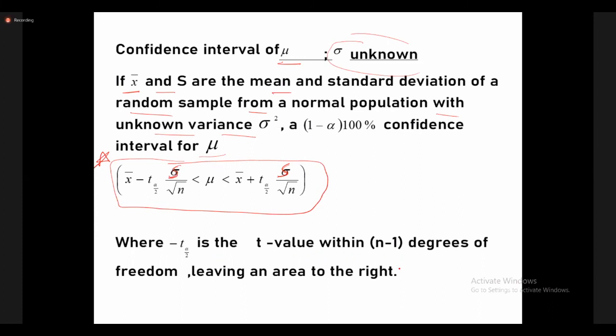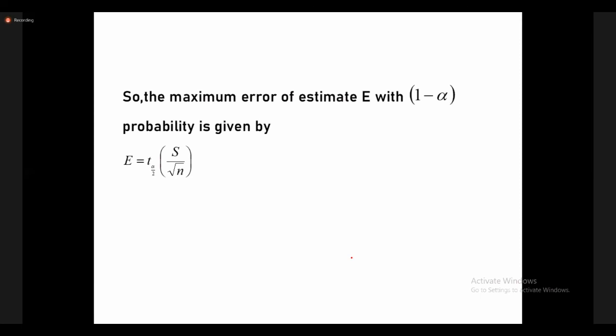The t value you can get from the t distribution table with n minus 1 degrees of freedom. Same thing for maximum error. For small samples, maximum error is denoted by capital E. Capital E is equal to t suffix alpha by 2 into s by root n.